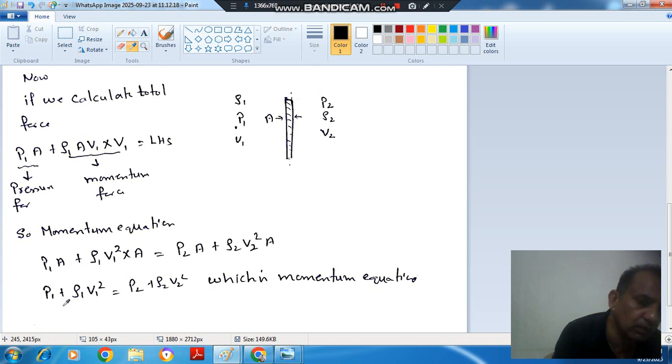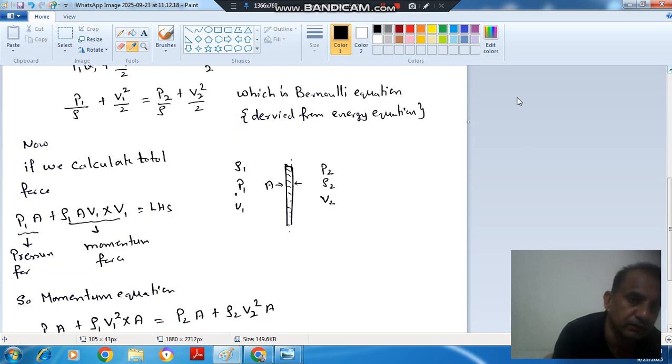So we can see that the momentum equation is P1 plus rho1 V1 square is equal to P2 plus rho2 V2 square. Whereas the Bernoulli equation is P1 by rho plus V1 square by 2 is equal to P2 by rho plus V2 square by 2, or we can multiply rho also, then it will be P1 plus rho V1 square by 2 is equal to P2 plus rho V2 square by 2.